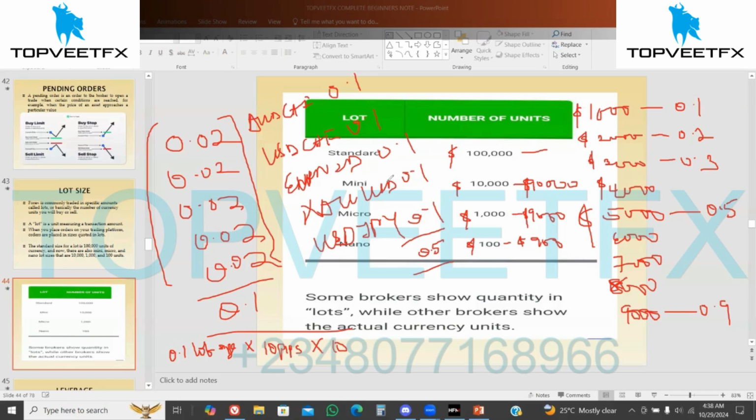If you calculate this, it is 0.1 times 100 pips times 10. What will it give to us? It means that you are going to be having $100 as loss.